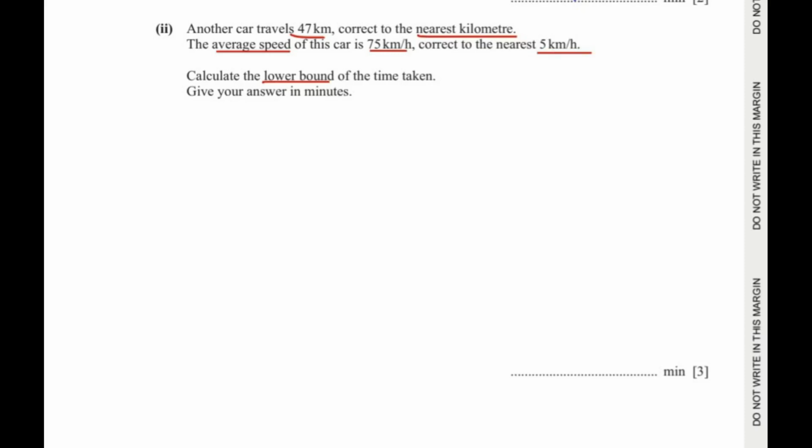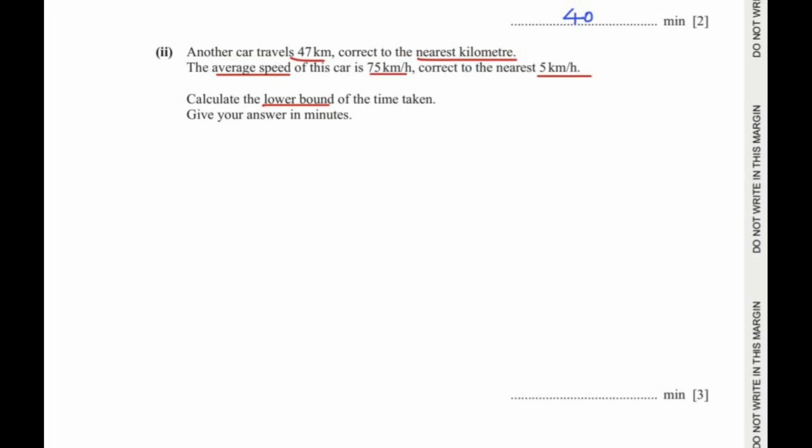So here let us first start with the distance. Let us try to find out its upper limit and lower limit. Since nearest kilometer is given, it means we have to consider nearest 1 kilometer and divided by 2. So here we get the upper limit and lower limit as, so when we add 0.5 to 47 kilometers, we are going to get its upper bound or upper limit, and when we subtract 0.5 from 47 kilometer, we are going to get its lower bound.